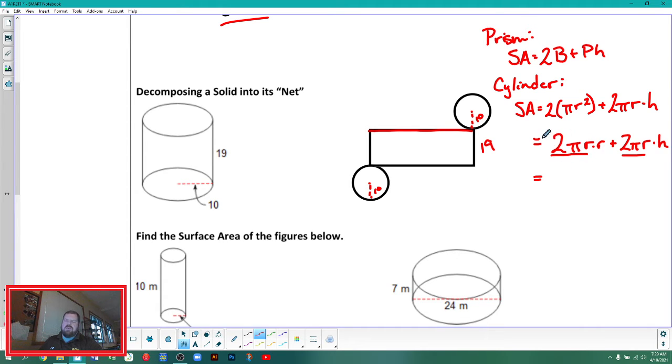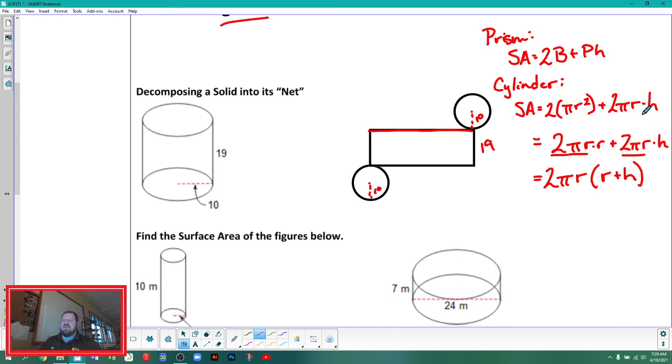The way we would pull that out is we would say there's 2 pi r, and then in parentheses r plus h, the two things that I've pulled the 2 pi r out of. If you distribute it all back in, you end up with the same 2 pi r squared plus 2 pi r h.